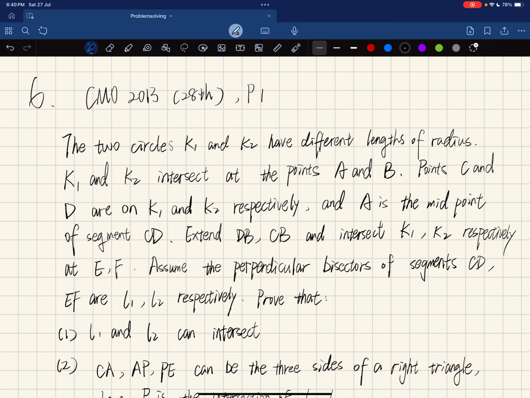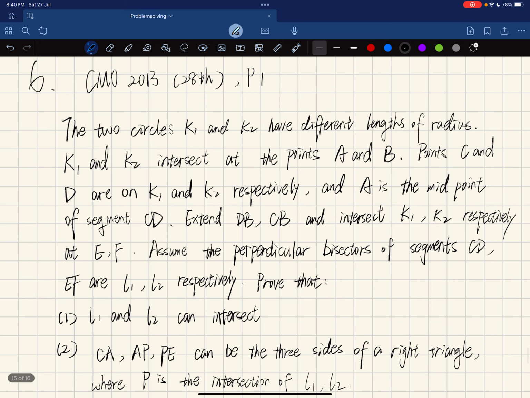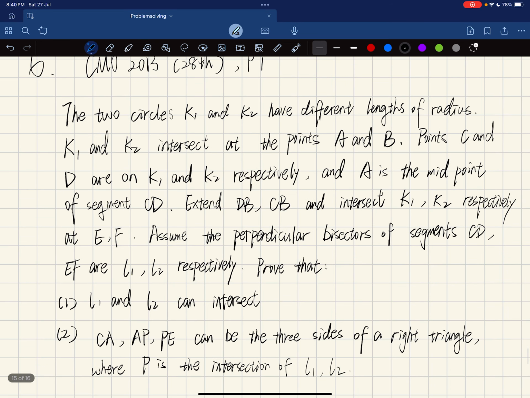Actually, in almost all of the mathematical Olympiads, the problems placed first are relatively easier than the others. So this isn't an exception. It is relatively easier than the other questions in the CMO.